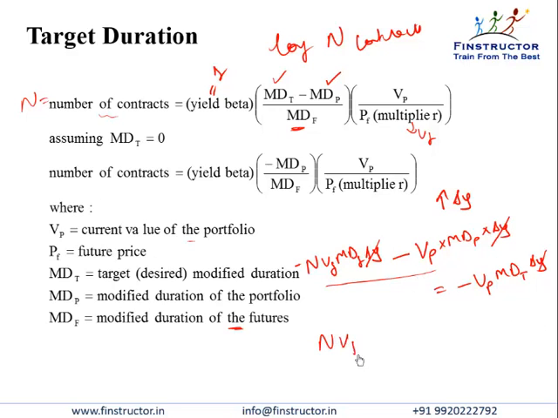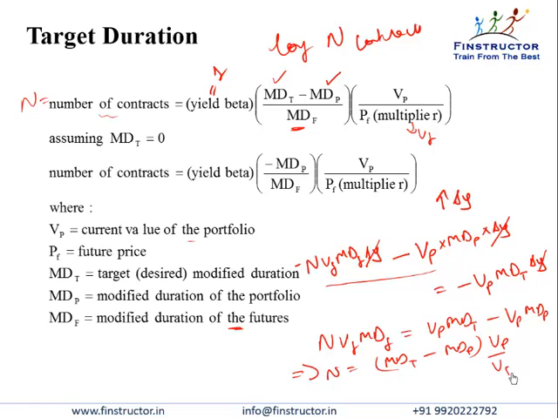So n into VF into modified duration of the futures will be equal to VP into modified duration target minus VP into modified duration of the portfolio. Or n can be given as, VP is common, modified duration target minus modified duration of the portfolio into the value of the portfolio divided by the value of one futures contract upon the modified duration of the futures.